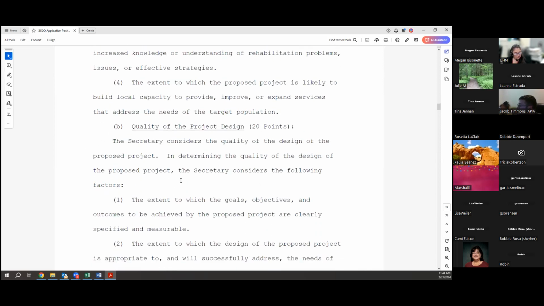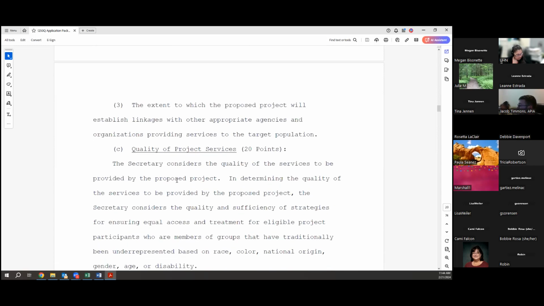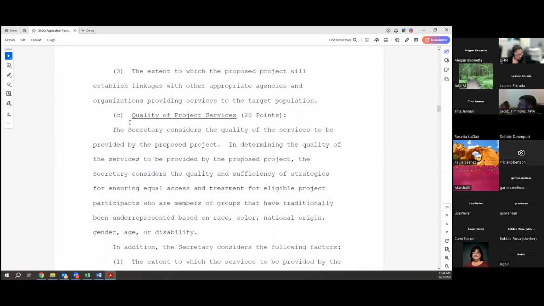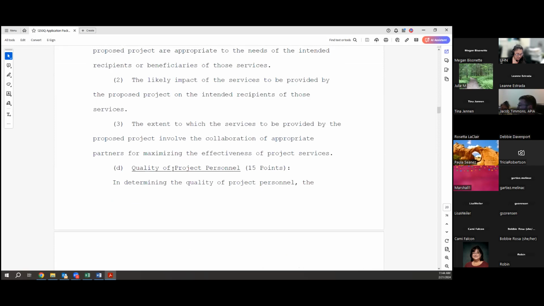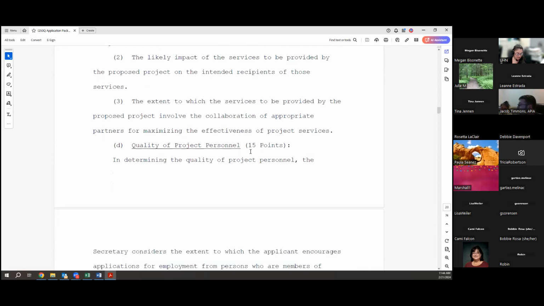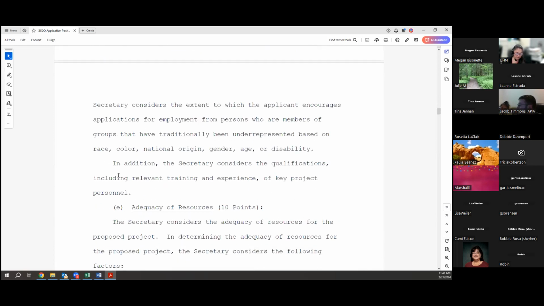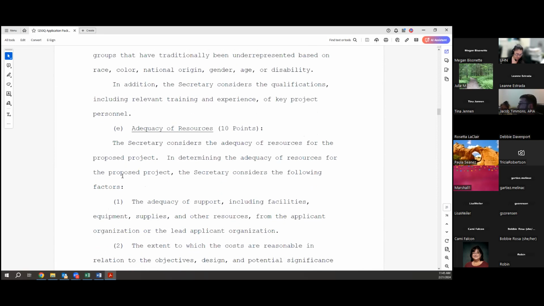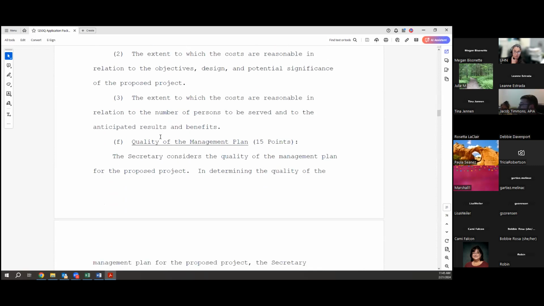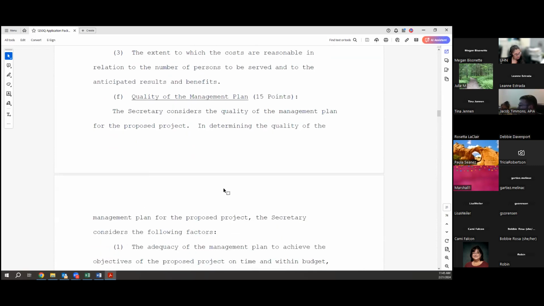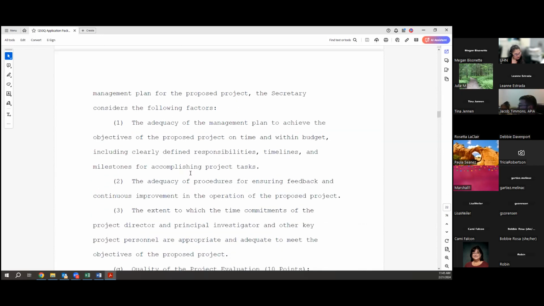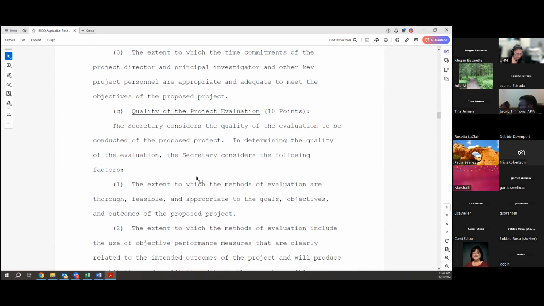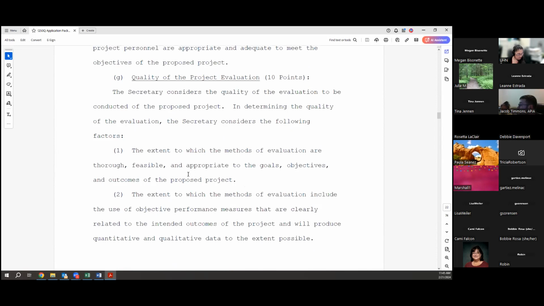C is quality of the project services, that's 20 points. D is quality of the project personnel, 15. E, quality, adequacy of your resources, 10 points. F, quality of the management plan, 15 points. Quality of the project evaluation is 10 points, G.